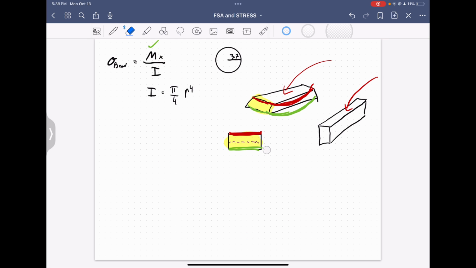So here, the moment to this surface is not as great. There's not that much material resisting on that axis. Whereas if we look here, that is a whole lot of material.